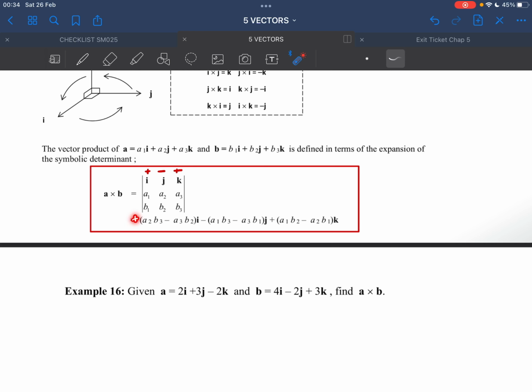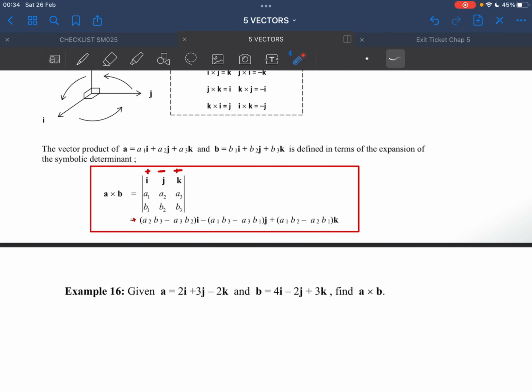So that is plus there, and then we are going to close the second part, which is the J part here, and we take A1 B3 AD minus BC, A3 B1 J. And for the last part here, we close this part here, we have A1 B2 minus A2 B1.